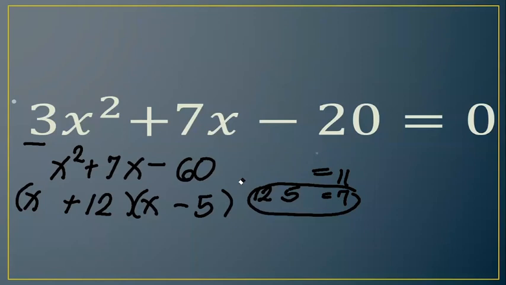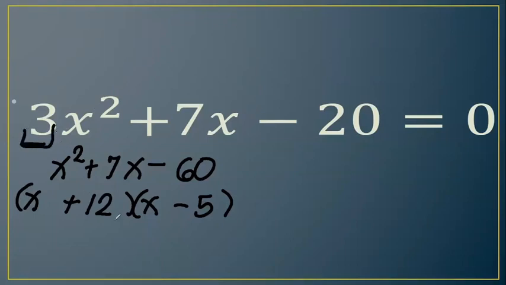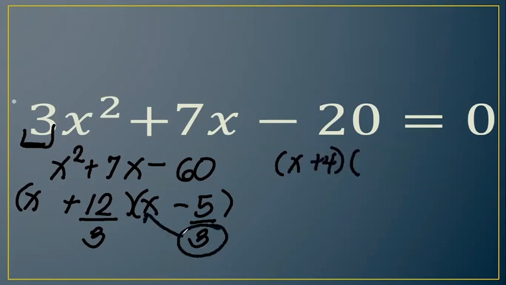Now that we have the factors, by the AC method we divide them by the numerical coefficient of our first term. So we divide both by 3: 12 divided by 3 and 5 divided by 3. The factors of 3x squared plus 7x minus 20 equals 0 are x plus 4 times, since this is not divisible, we multiply it with our x, so 3x minus 5 equals 0.